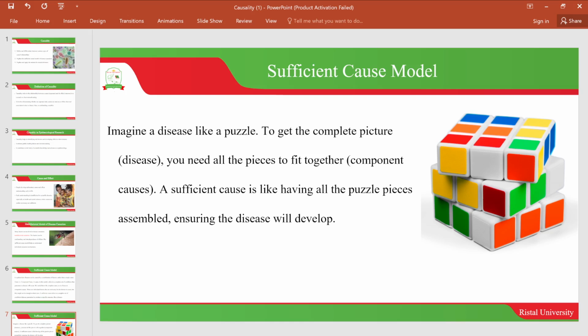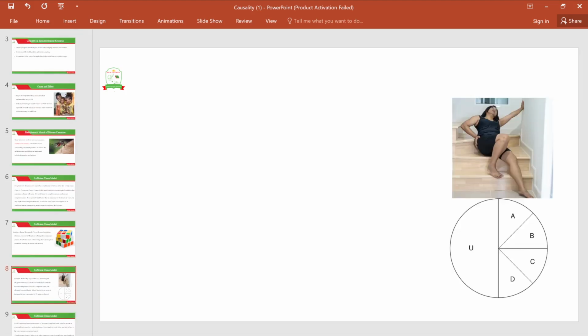Until you have one color on each side, that's where the disease is going to happen. So that's what we are saying in terms of the sufficient cause model. Sufficient cause is when you have everything aligned properly, and then you're very sure the disease will happen.